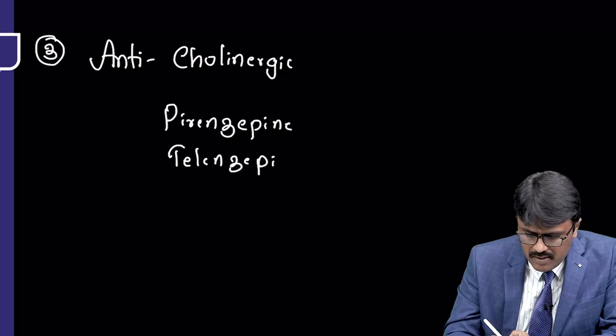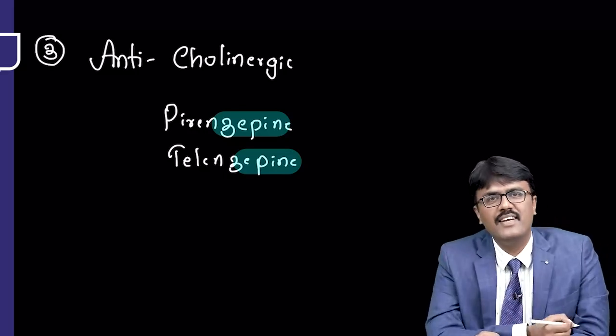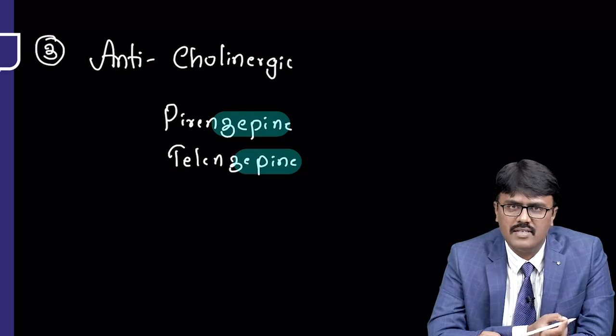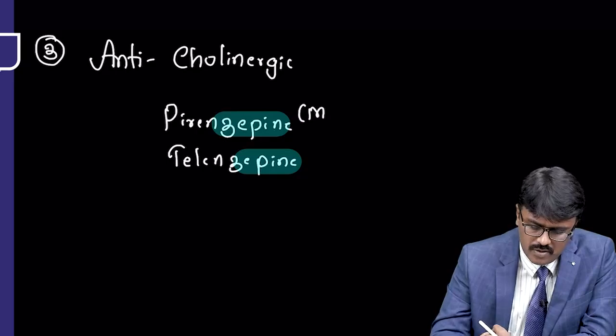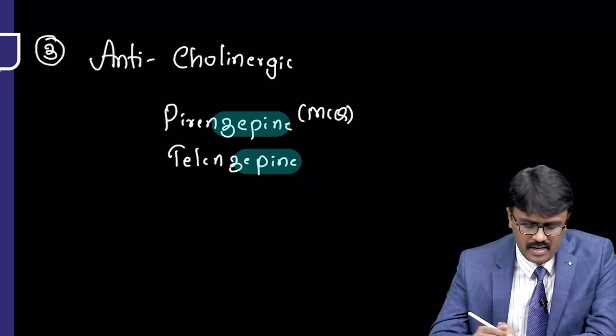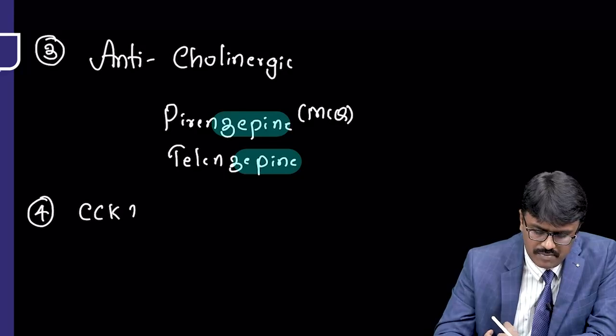Please remember they end with -zepine. Usually I think most of you have not prescribed this drug, but this is asked in exams. Recently they asked this question: where do you use pirenzepine? In gastritis.